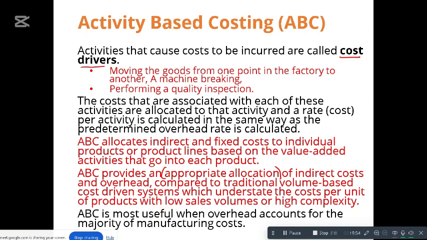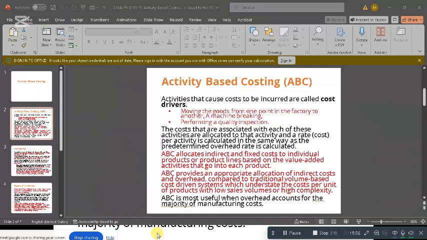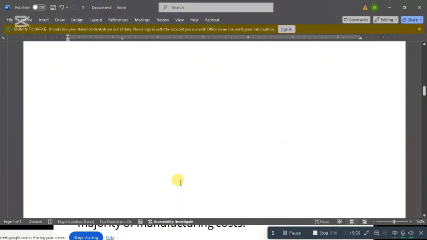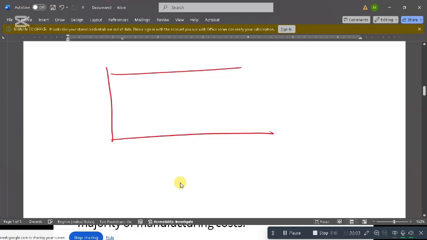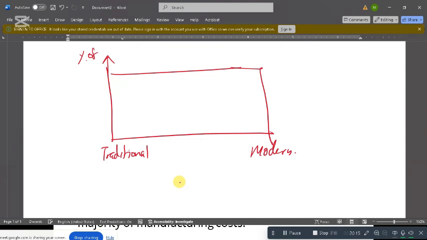What does that mean? Traditionally, if I draw a box like this, this side for traditional, this side for now, modern. The y-axis is percentage of cost of production. So this is 100% of production.